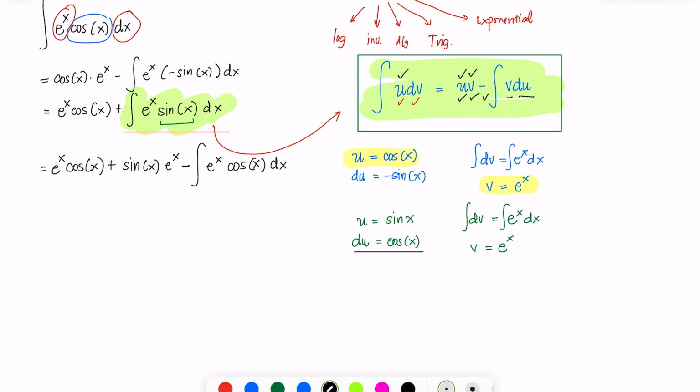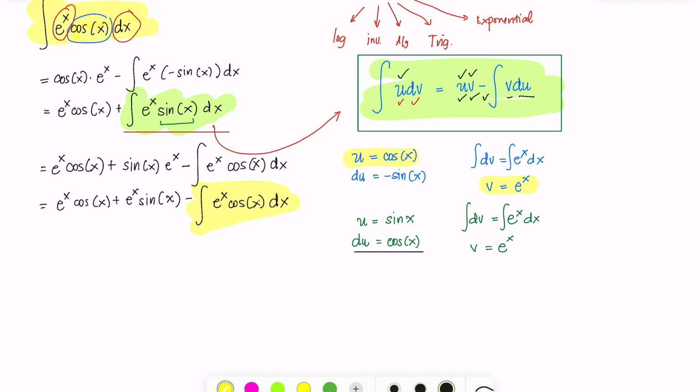Alright. Now this looks very interesting because if you notice, there's an integral that repeats itself. But I'm going to simplify this first. I have e to the x cosine of x plus, I like writing everything before the cosine and sine so that I will not mistake it for the angle, sine of x. And then this is e to the x cosine of x dx. Now friends, I'm hoping you notice that this term here, the e to the x cosine of x dx, is actually just our integral.